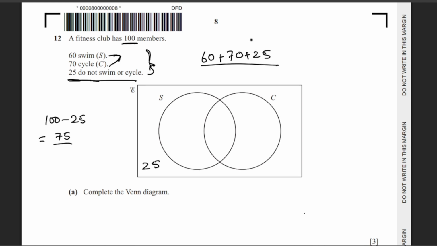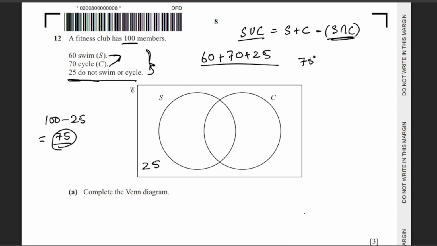For this I would recommend the Venn diagram rule, which is basically that S union C is equal to S plus C minus S intersection C. S intersection C is basically all the people in the middle over here who do both swim and cycle. So let's substitute our values into this. We know that S union C equals 75.